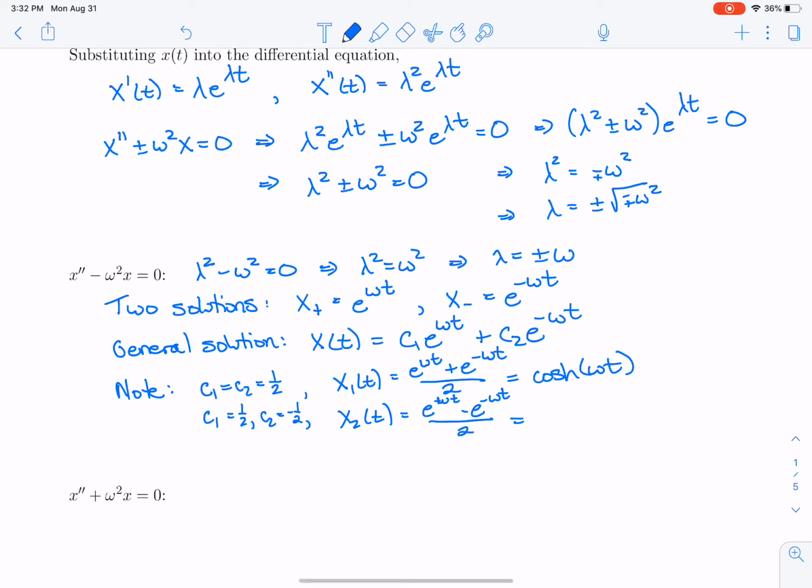And that would be the hyperbolic sine function of omega t.